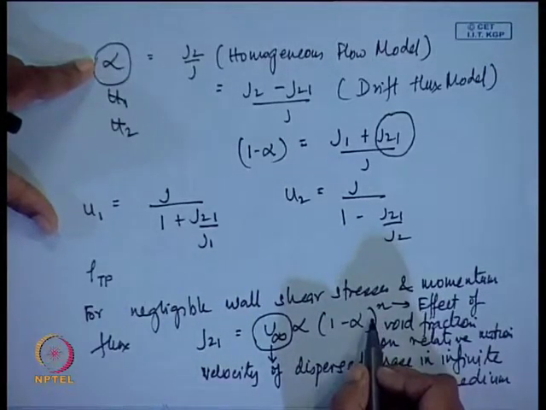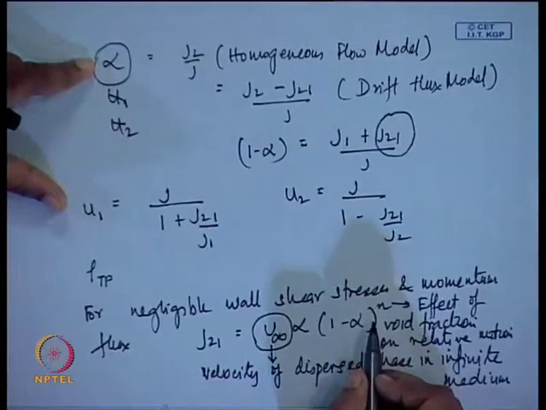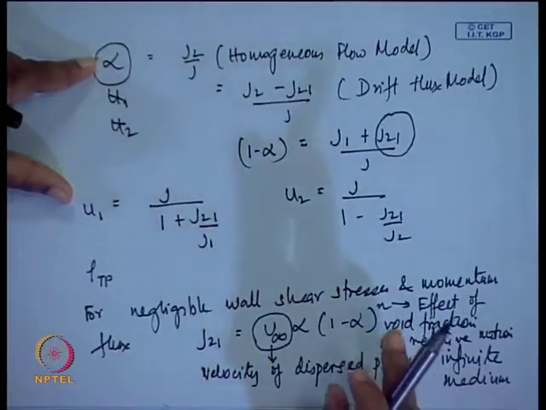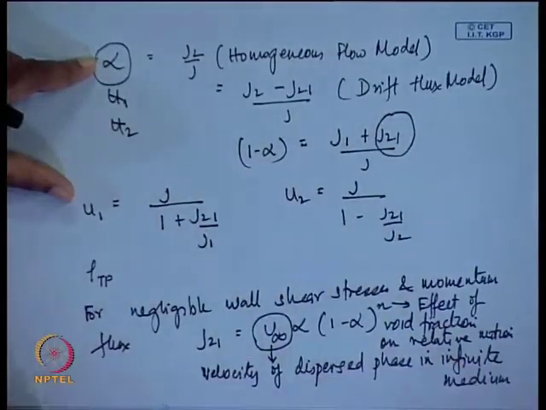And at this point, I would like to mention that we cannot adopt a unique value of u infinity and n for the entire range of bubbly flow. Even when we say it is bubbly flow, which is characterized by a more or less uniform dispersion of bubbles in a liquid medium, for the entire range of bubble size, the entire range of bubbly flow distribution, we cannot adopt a single u infinity and a single value of n.